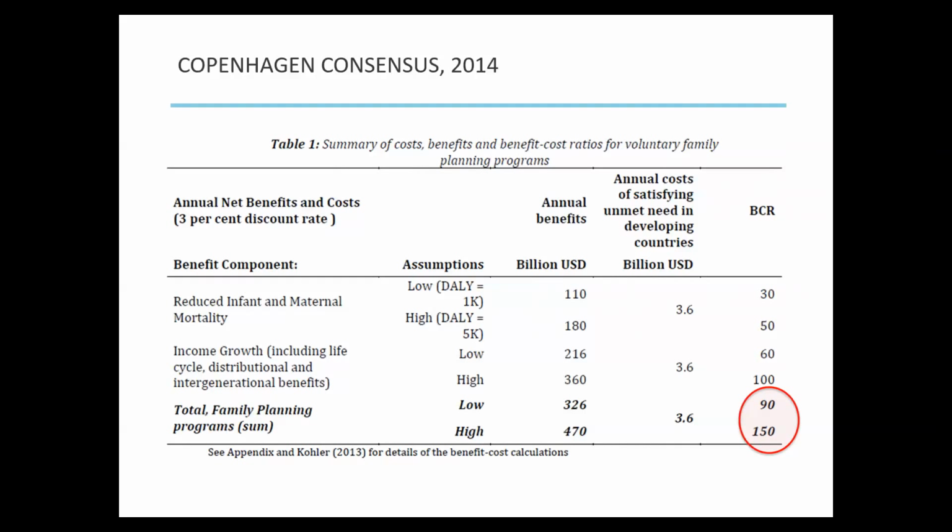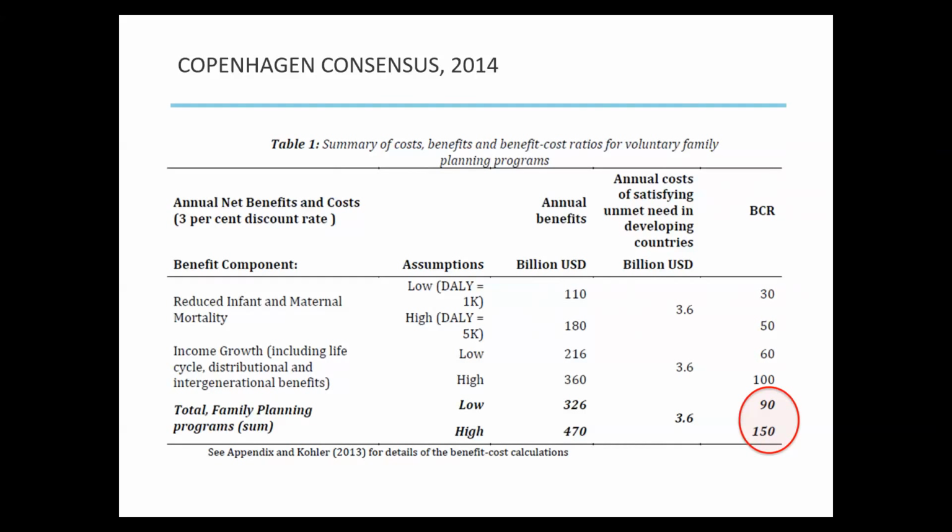This was done because all of these prior studies that I was mentioning were trying to compare development approaches and needed a similar way of value. And so here they took a lives saved approach versus a healthcare savings approach. And that is what we see in the reduced infant and maternal mortality.